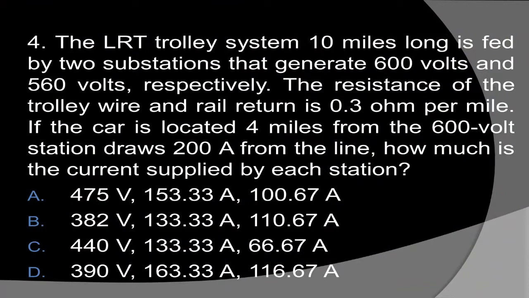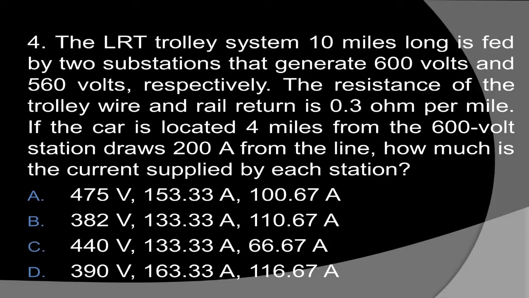The LRT trolley system, LRT by the way is the light railway transit, a railway system here in the Philippines, 10 miles long, is fed by two substations that generate 600 volts and 560 volts respectively.